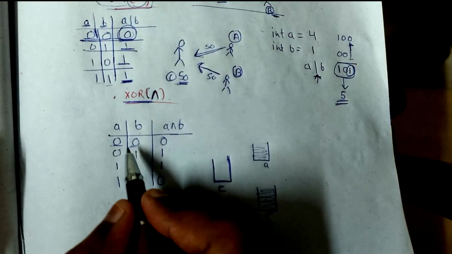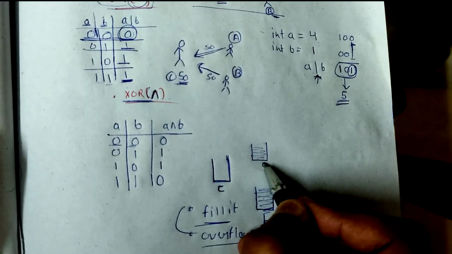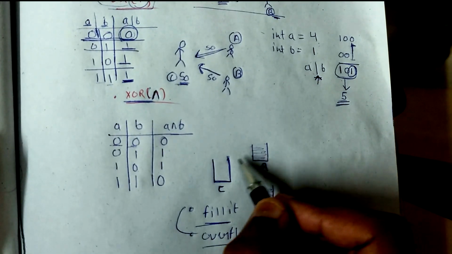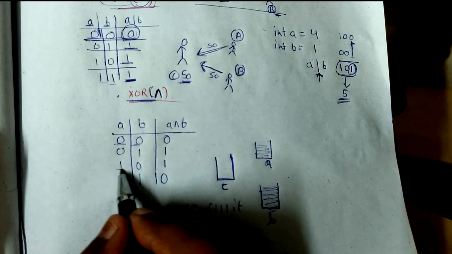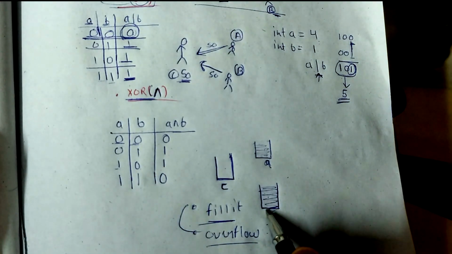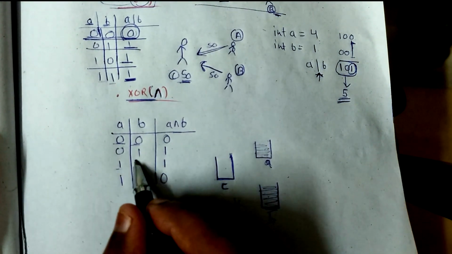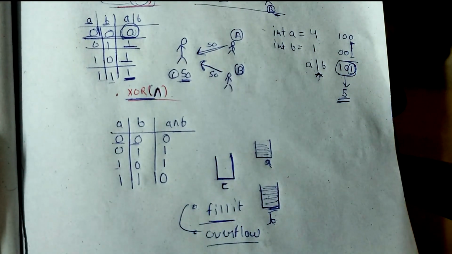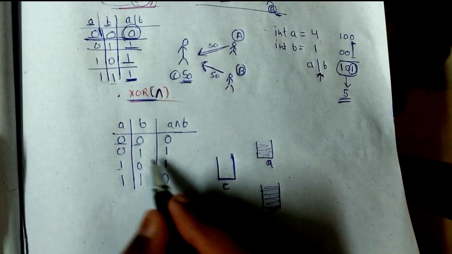So in this case, you see, if you pour the bucket A, then A's bit would be 1, and if you pour the bucket B into C, B's bit would be 1.